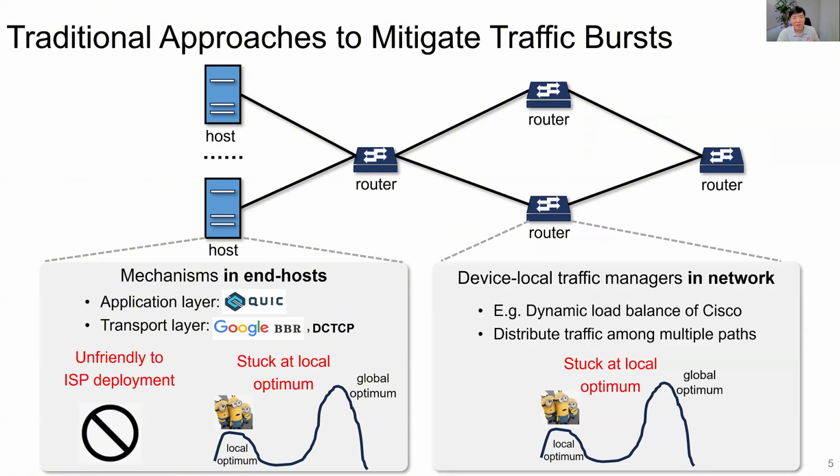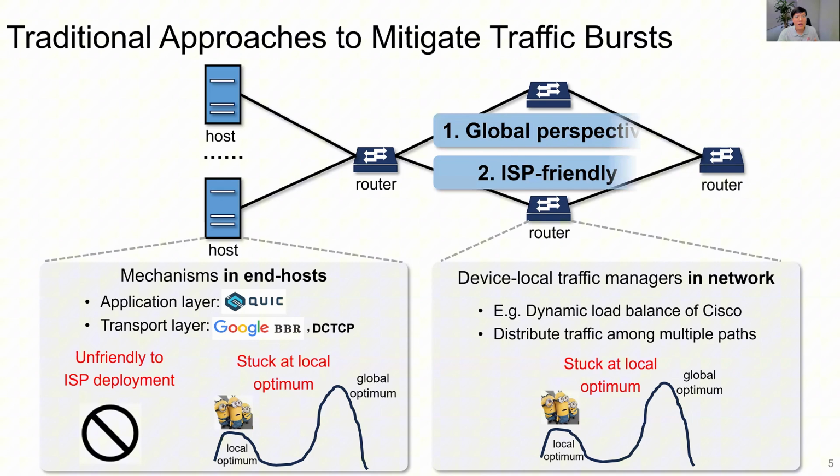Secondly, device local traffic managers in the network can distribute traffic among multiple paths to avoid congestion. However, both of them are not aware of global traffic patterns and can be stuck at a local optimum. So ISPs are looking for a burst mitigation strategy which has a global perspective and functions within the network.